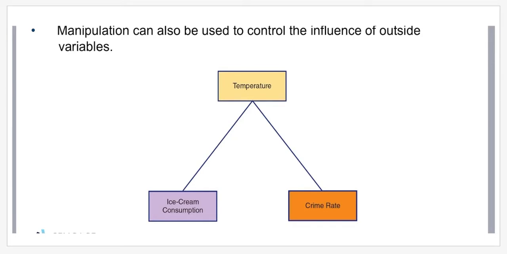So if we manipulated ice cream consumption, we gave, like I said, some ice cream to some and not to others, and see if the crime rate went up. Maybe we hand out ice cream more in this town, but we don't in the other town, or in this jail population and this other jail population, we do ice cream in one and not in the other.